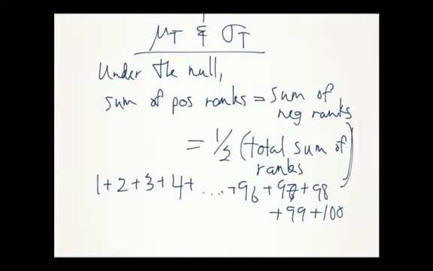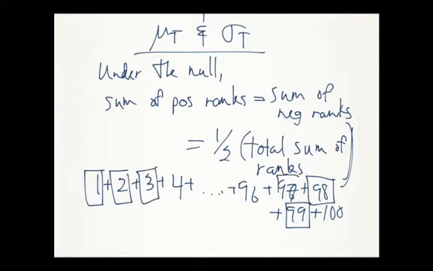Well, I can match these certain numbers, right? If I add up the 1 with the 99, I get 100. If I add up 2 with the 98, I get 100. 3 with 97, I get 100. 4 with 96, I get 100, and so on. I can just continue that process all the way up to adding 49 plus 51 to give me 100, right?